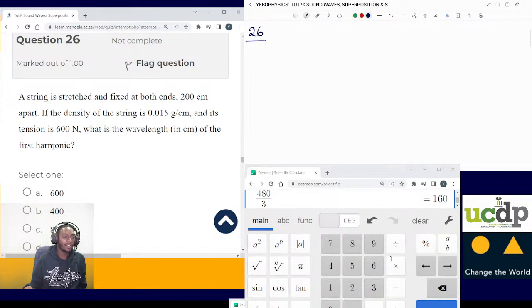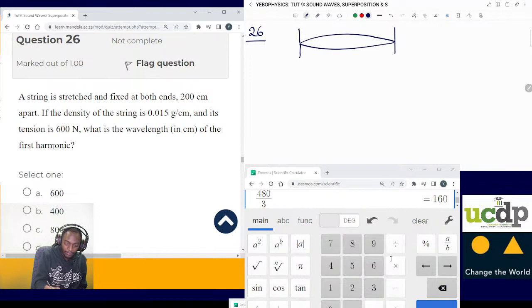Okay, so the length is 200 centimeters. We can put a sketch. So this is our fundamental mode, like we did earlier, and the length is 200 centimeters. We're also given density and tension.